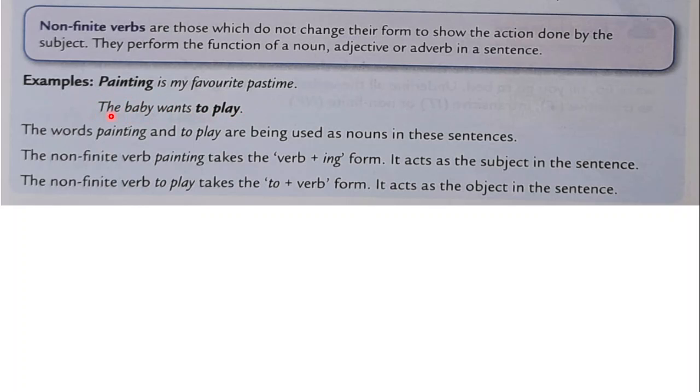In the second sentence, the baby is the subject, and wants is the main verb, then "to play". Here "the baby wants" is finite, but "to play" is a non-finite verb.